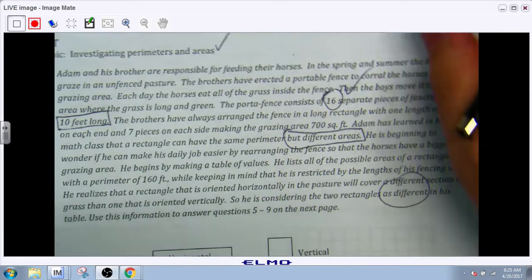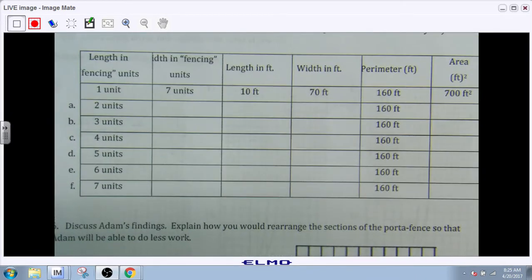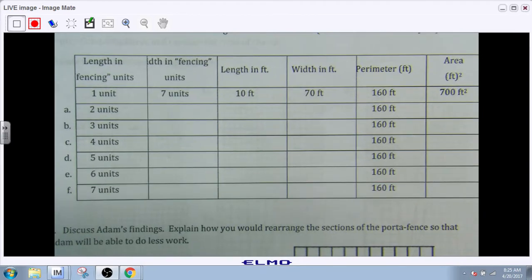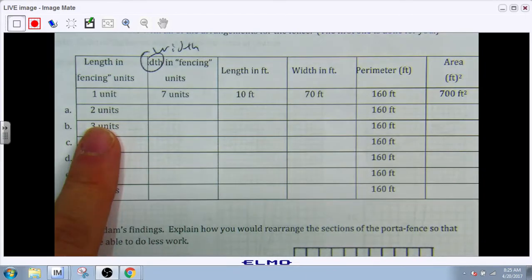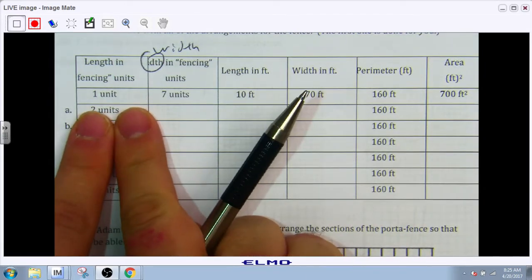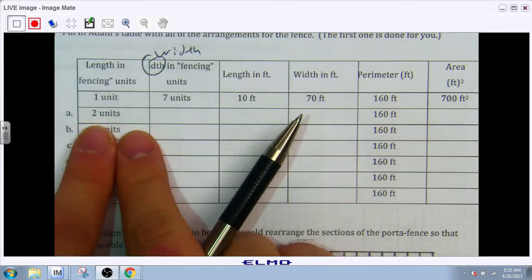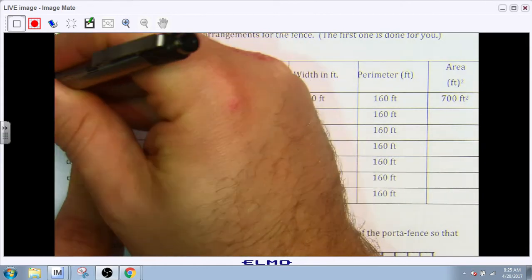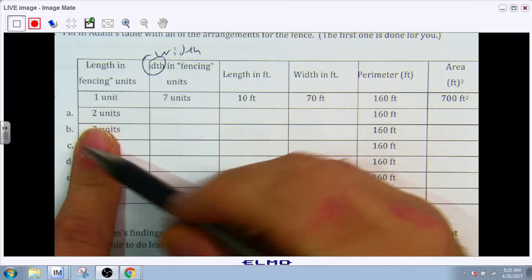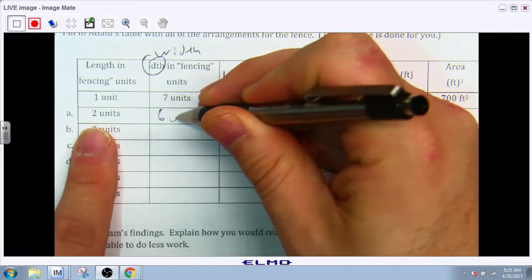Okay, so let's go ahead and look at this table. So, length, and this is supposed to say width here. And so here we have that original one where it was 1 and 1 and then 7 and 7. Now, if we go to 2 units, and I wanted to use all 16, well, 2, 4, 12 divided by 2 would be 6 units.